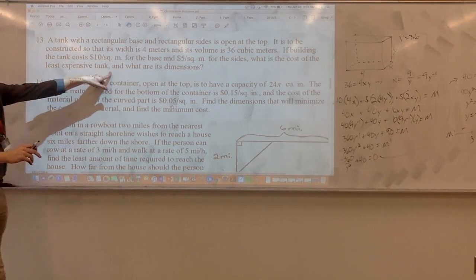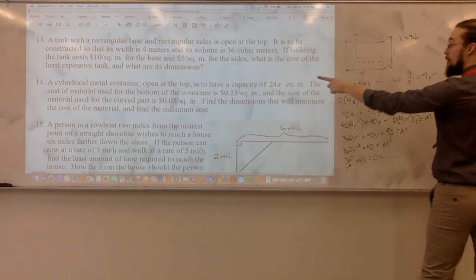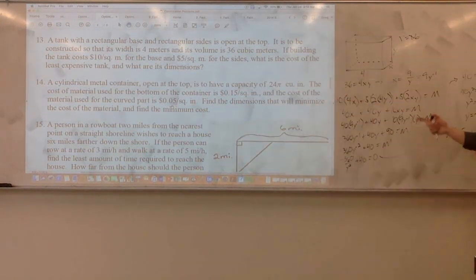Question says, what is the cost of the least expensive tank? So we have the dimensions. We have half of the answer. Our dimensions would be 4 by 3 by 3. But then we also need the cost of the tank. So here we are plugging in 3 for both x and y. So we'll have 40 times 3 plus 40 times 3 plus 10 times 3 times 3.